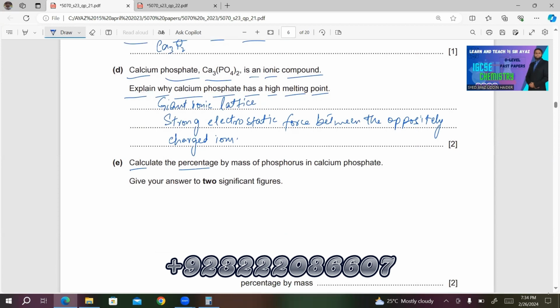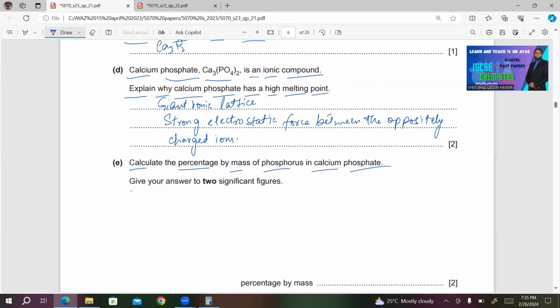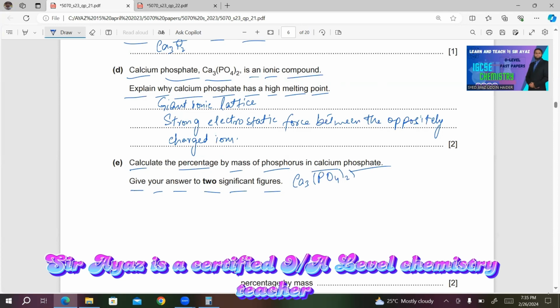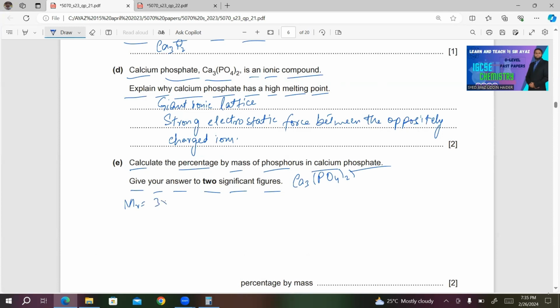Part E. Calculate the percentage by mass of phosphorus in calcium phosphate. Give your answer to two significant figures. The formula for calcium phosphate is Ca3(PO4)2. First of all, we need to calculate the Mr of this. For Mr, we have to multiply 3 by the mass number of calcium.